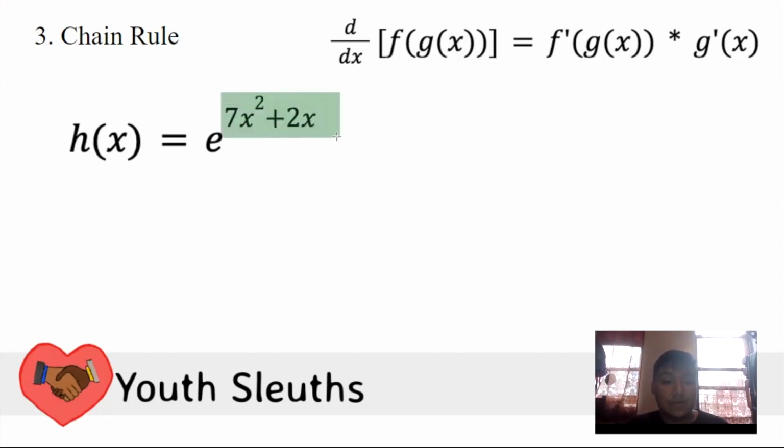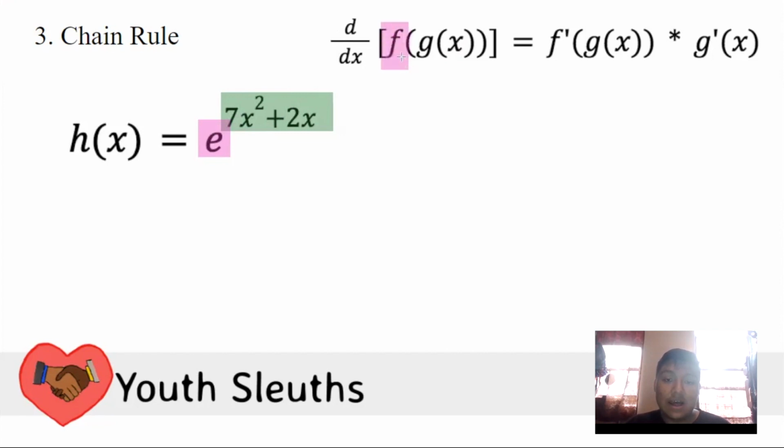So here we have another example. If we can see here, we have two different functions. We have 7x squared plus 2x, and we have e to the power of a function. Now the first part is that we have to identify which is the innermost function. So if we look here, the outermost would be e.